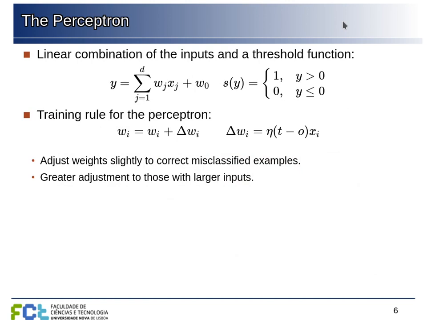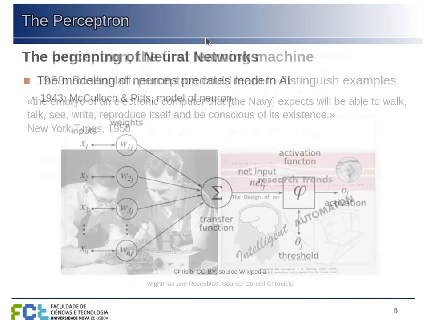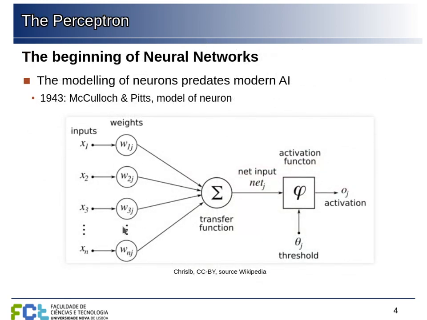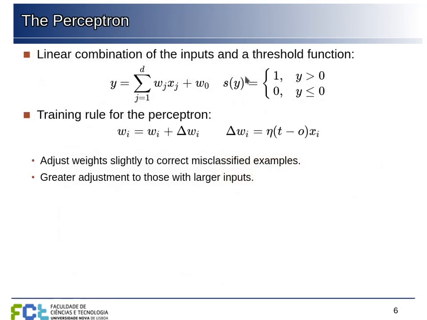And it worked with a simple training rule, by which we have this linear combination of the inputs multiplied by some weights. So this part of the model of the neuron here, where the weight is mimicking the sensitivity of the dendrites. And then if this passes some threshold, or we can use a constant here, a parameter that we can adjust, and check if the total is above 0 or not.